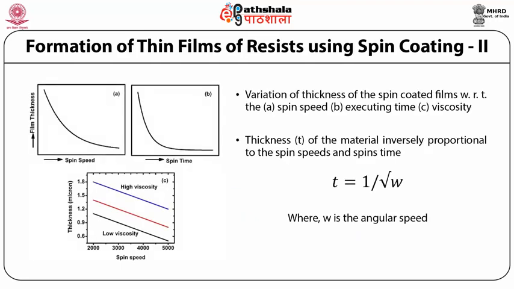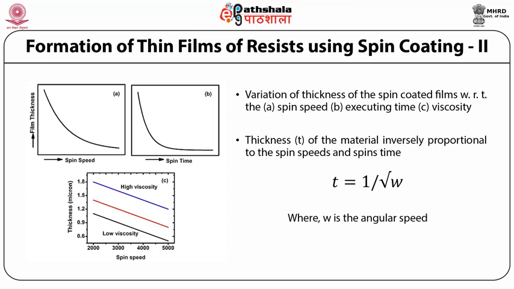Generally, the spinning speed and spinning time of the substrate are controlled according to the required thickness of the film. Viscosity and volatility of solvent, surface tension and amount of solid content in the suspension are additional factors that affect the thickness of the coated film.